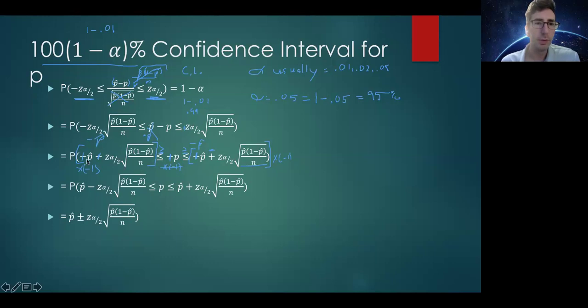So my positive p hat plus my z alpha times everything is actually moved to this side of our inequality, right? You can see our positive p hat plus z alpha, and it's got the inequality open towards it, right?